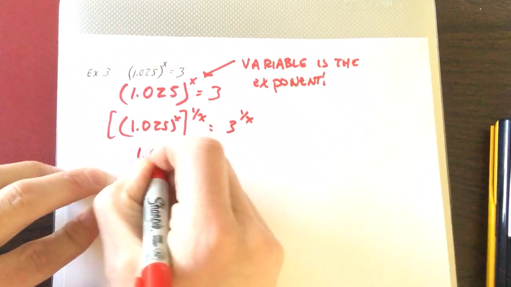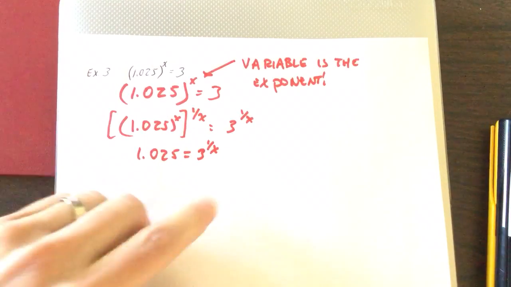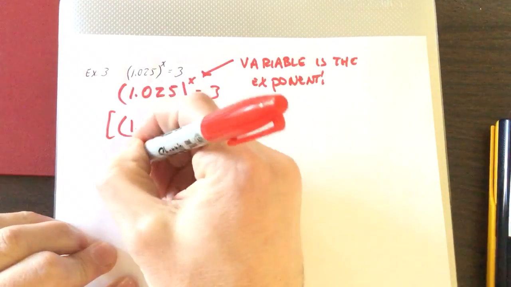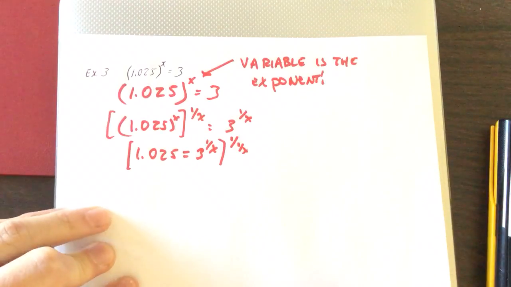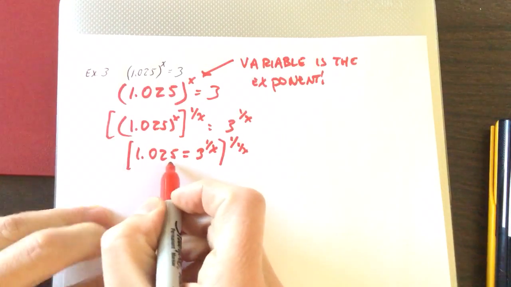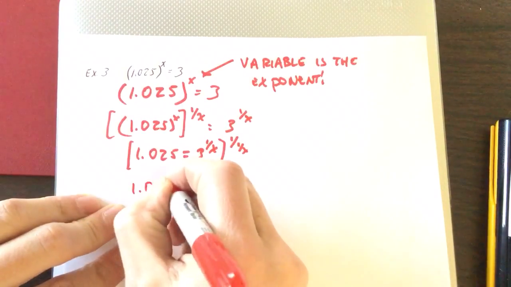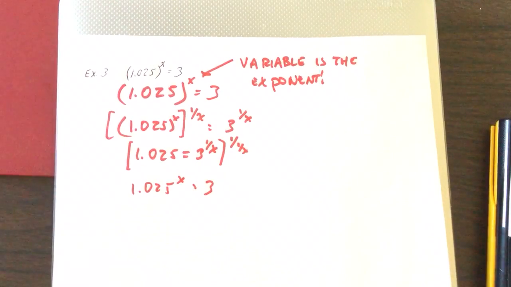So we'd have 1.025 equals 3 to the 1 over x. Oh no, the variable is still in the exponent. Well, if I raise that to the 1 over x, we're back at the beginning.